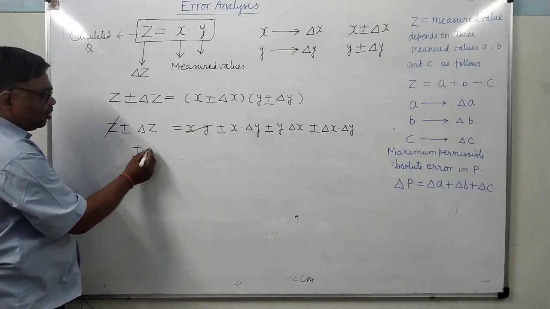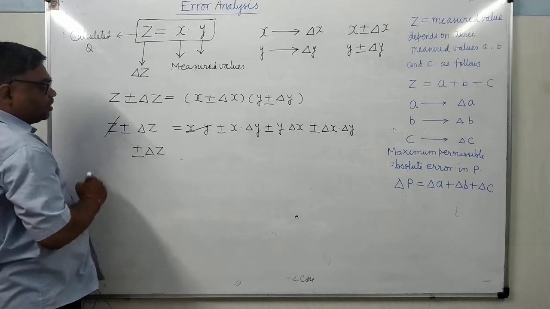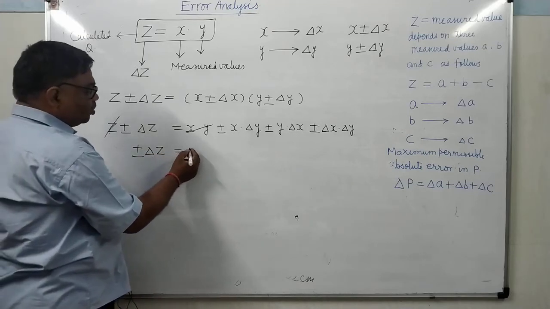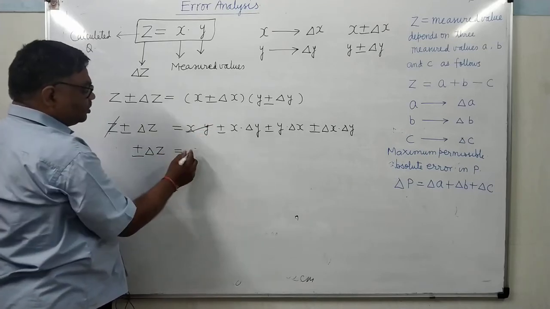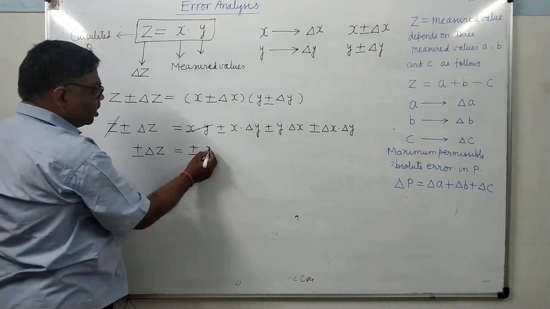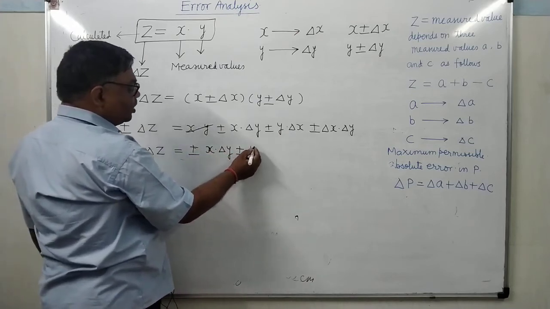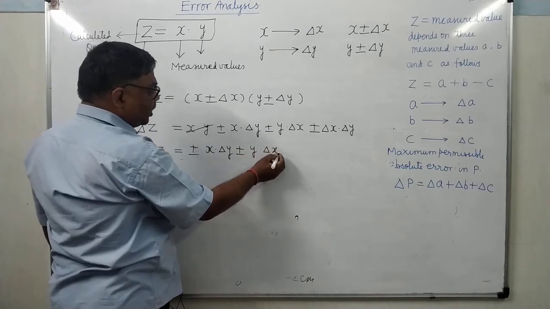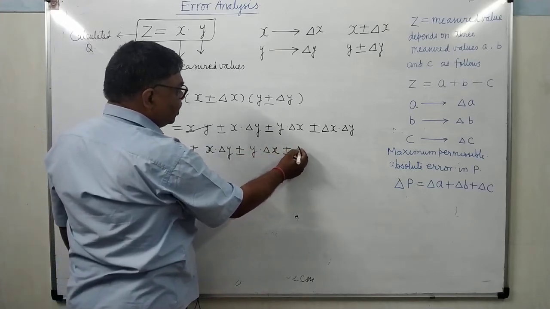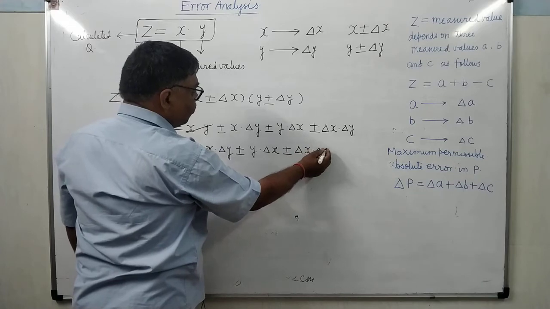So plus minus delta Z equals plus minus X into delta Y plus minus Y into delta X plus minus delta X into delta Y.